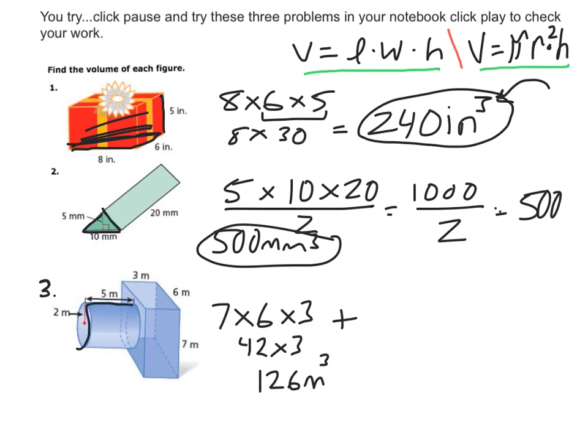For the cylinder part, the radius is 2 meters. So it's pi times 2 squared times how tall the cylinder is, 5. 2 squared is 4. 4 times 5. So pi times 20.